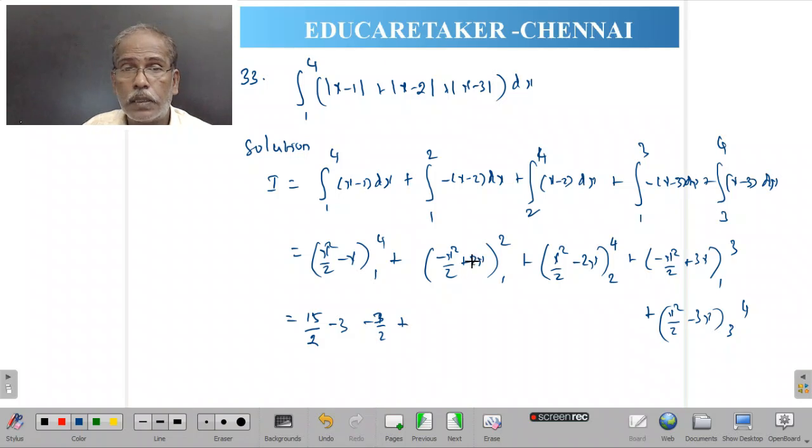Plus 2x from 1 to 2. Then 4 square 16 minus 4 is 12, 12 by 2 is 6, minus 2 times 2, 4.